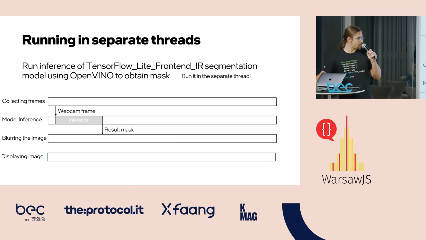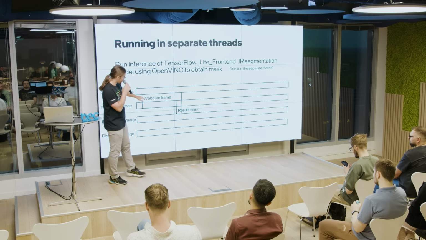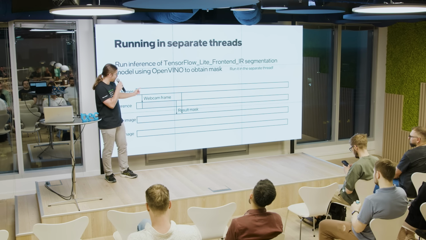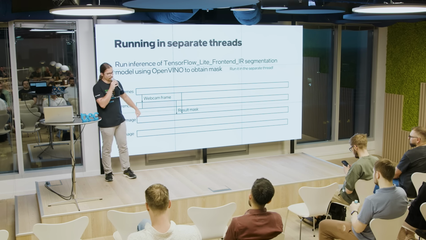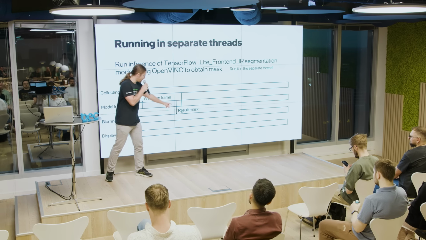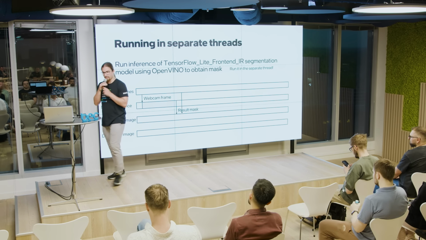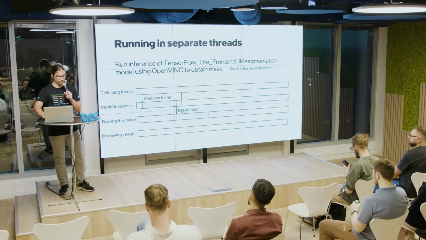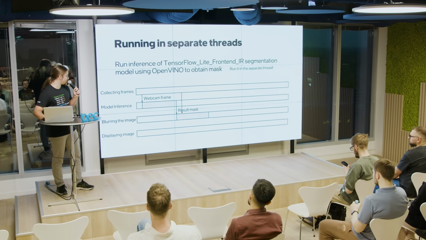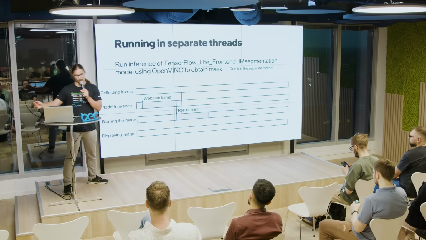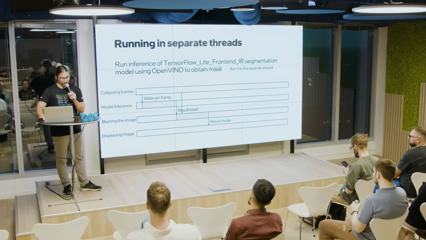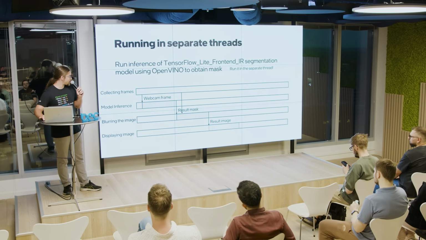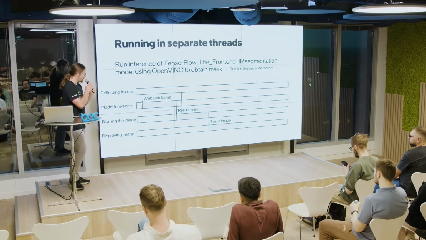for blurring. Later, we do not combine this mask with the frame taken here because it was quite a long time before. We take a new frame from the first thread, and we blur this image using the mask from before. Later, we get the result image, and we display it to the user.